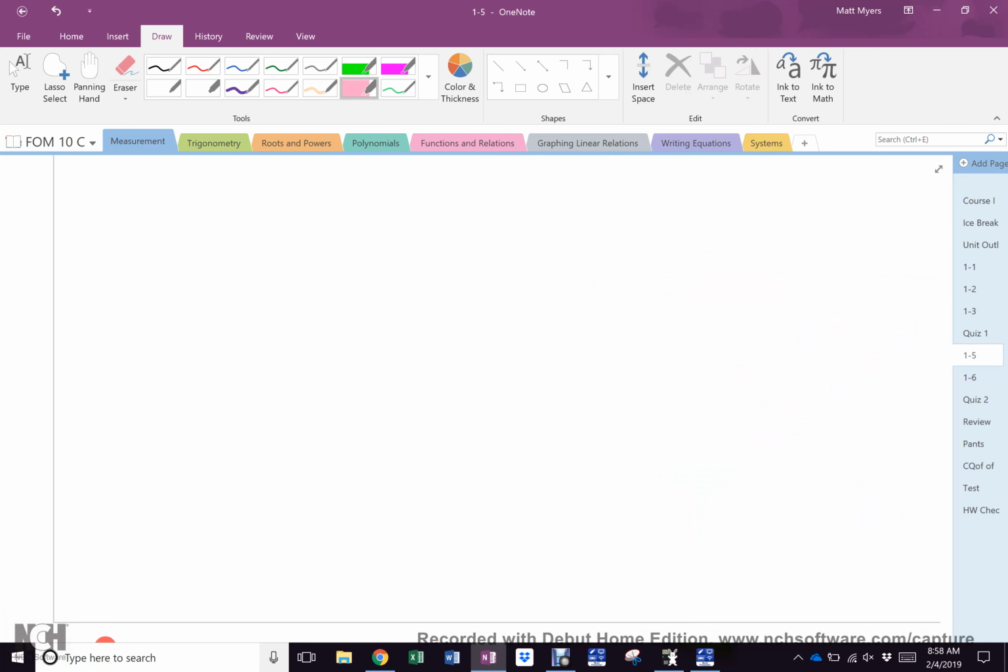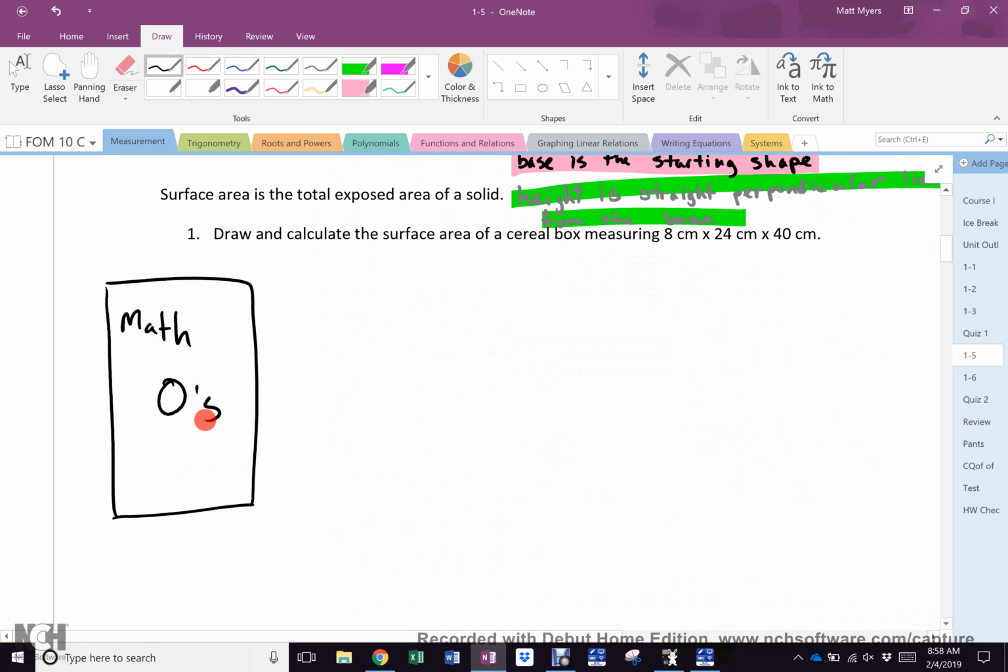Okay. Let's start with a real easy one that you've all already done from the 9th grade. Cereal box. Math O's. Front of the cereal box. It will repeat this way to the back of the cereal box, correct? Do I have a prism?